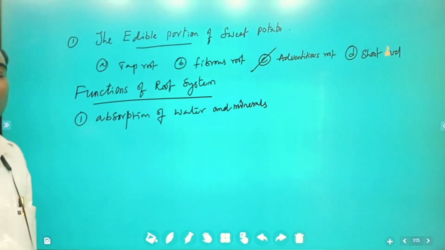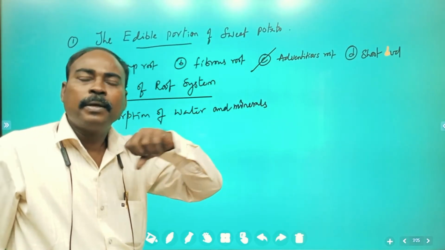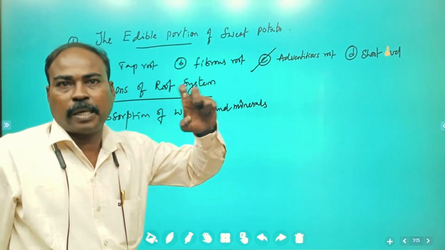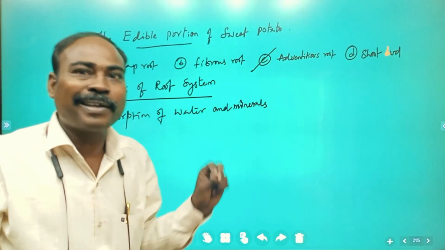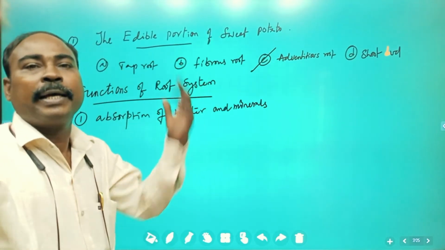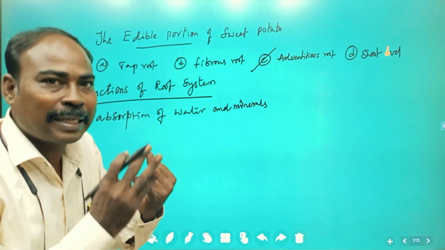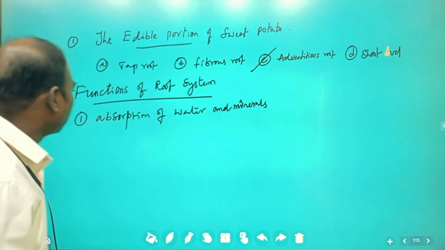That is a very important function of the root. From the soil, the capillary water available for the plant's absorption, that capillary water is absorbed by the roots and supplied to the aerial parts of the plant. So water and mineral absorption is a main function of a root system.